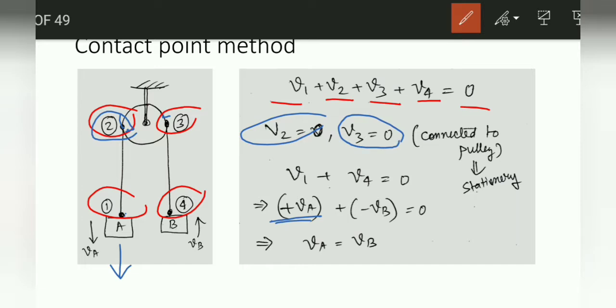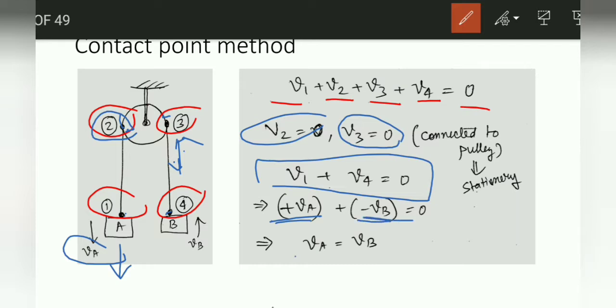So V1 plus V4 will be equal to 0, because V2 and V3 are 0. V1 is moving downward with a velocity VA, so it will be plus VA. And contact point 4 is associated with block B. It is moving upward with a velocity of VB, and since it is moving upward, this string is shortening. This string is contracting. So this will be minus VB. So I will get VA minus VB.